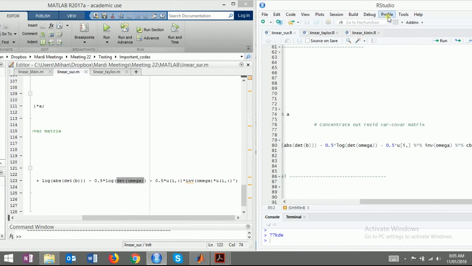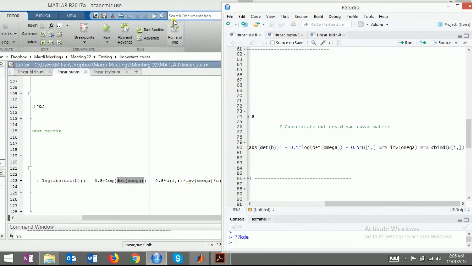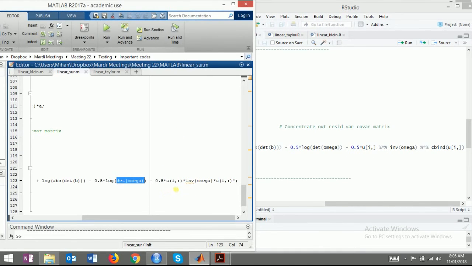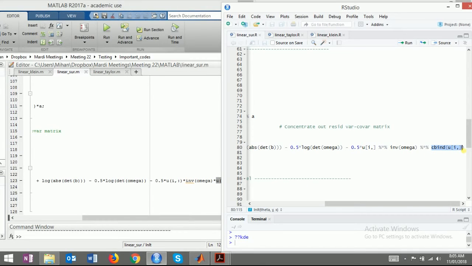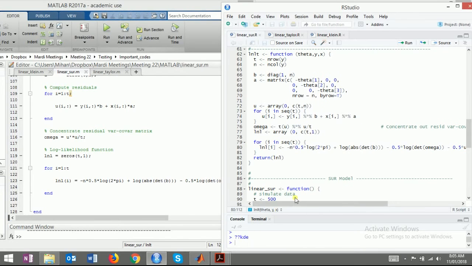The only trick in R here is that in the decomposition, u transpose inverse of omega, the transpose is shaped with column bind of ui, so this is row bound automatically. We want this to be column bind. That is the only trick with the decomposition, nothing else.